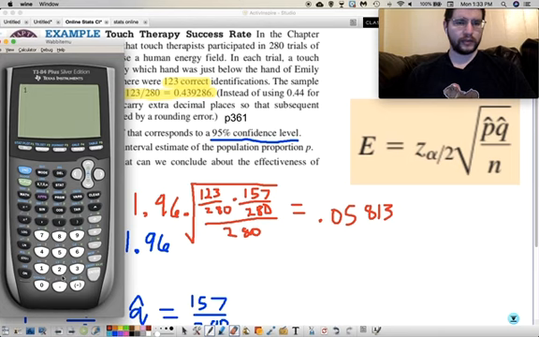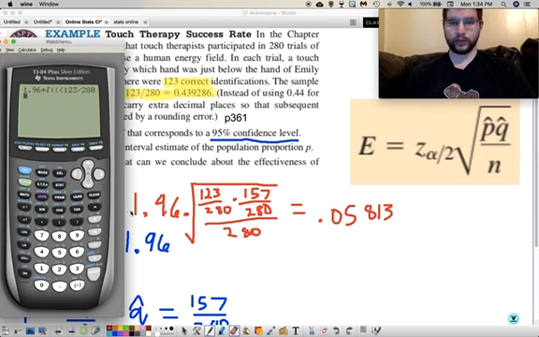So 1.96 times the square root, that's what you should see, of, and anytime you have a fraction, put it in parentheses. I have an open parenthesis for my square root. I need an open parenthesis for my numerator. I need an open parenthesis for my fraction, because it also has a numerator. 123 over 280.